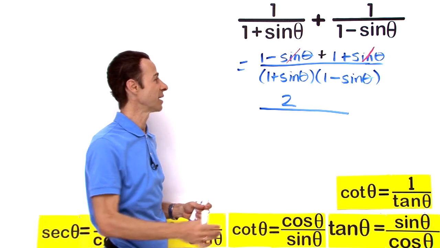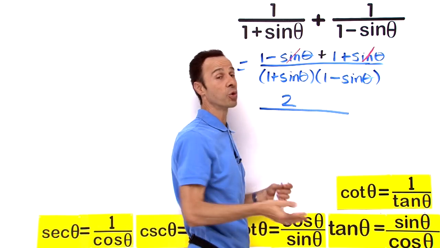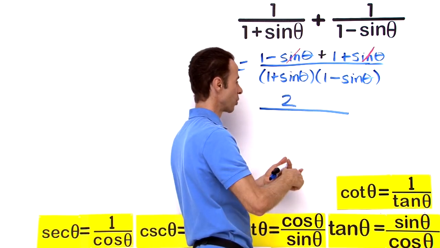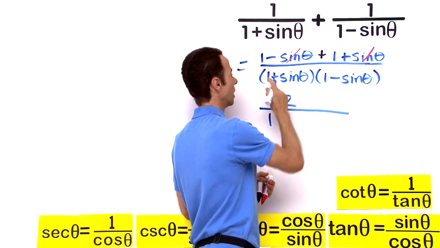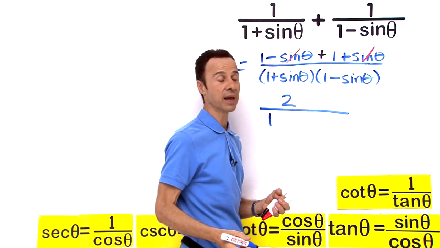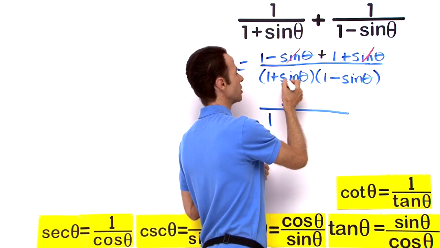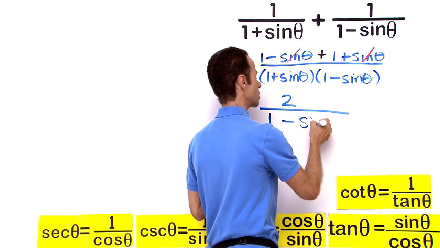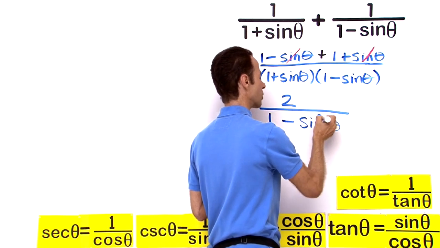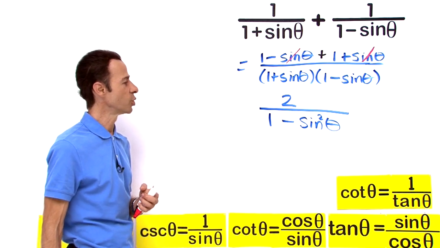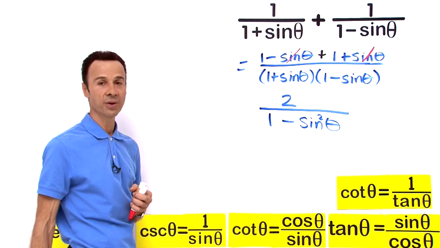Let's look at the denominator down here. We can expand this just like with normal real numbers. You can use the FOIL method. 1 times 1 is 1. Minus sine theta plus sine theta, well, they're going to cancel, leaving sine theta times negative sine theta, which is minus sine theta, and of course it's squared, minus sine squared theta. Okay, so now we've got 2 over 1 minus sine squared theta.